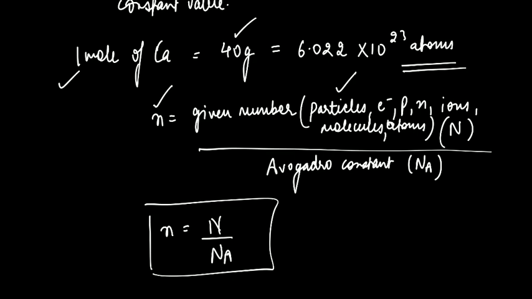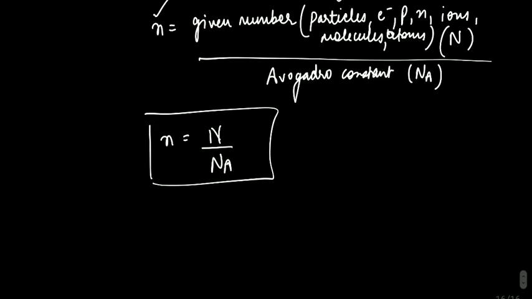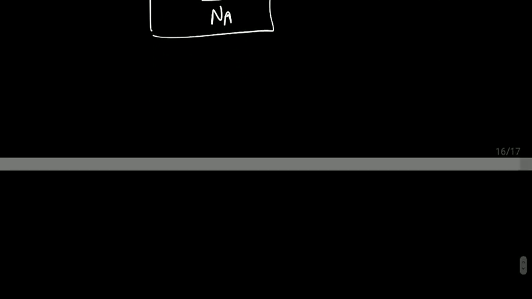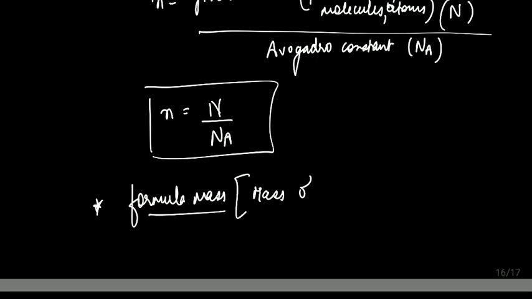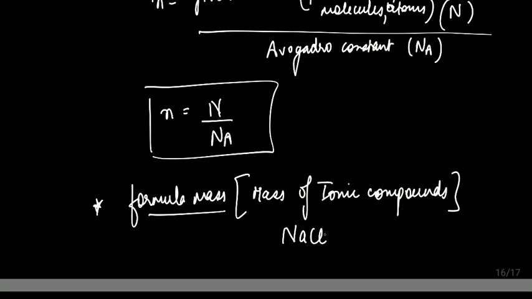Now we'll do one question. Before moving to that part, I just want to add a note about formula mass. Formula mass is the mass of ionic compounds. We always express ionic compounds like NaCl as a formula unit because of the crystalline lattice that we have. We never call them a molecule.